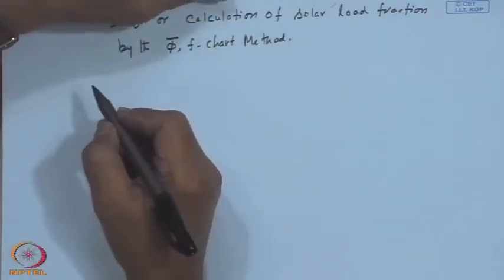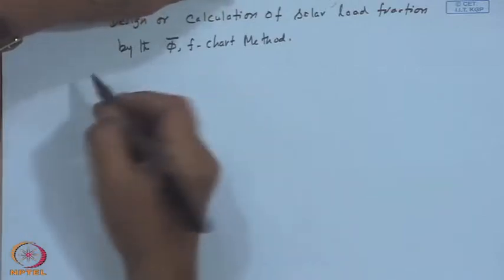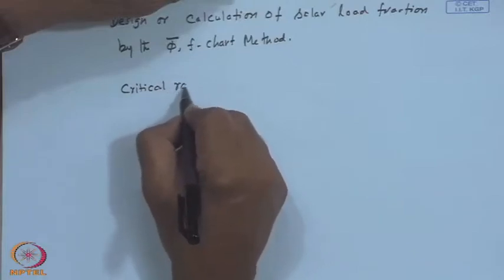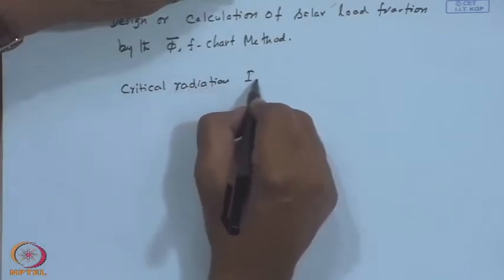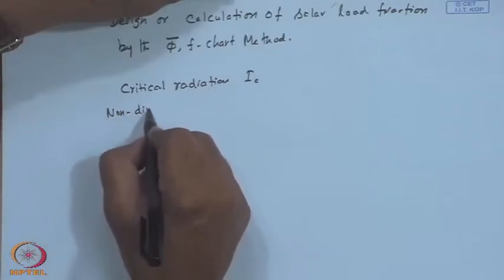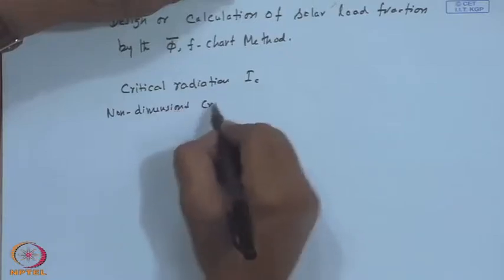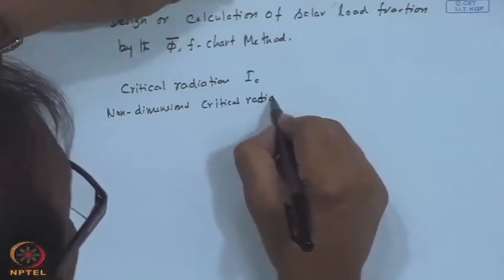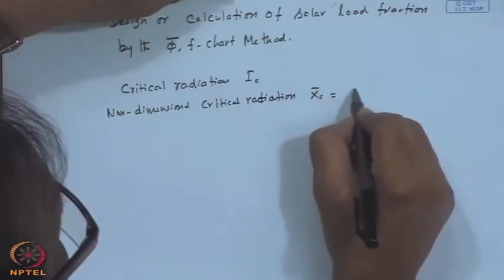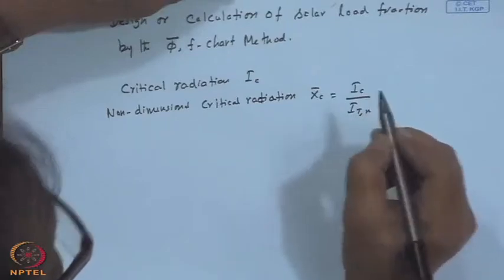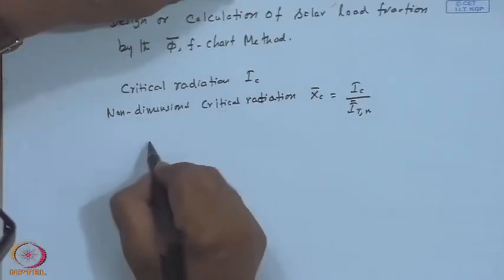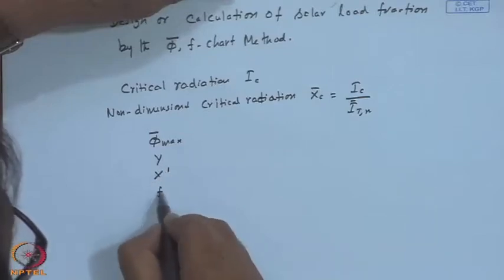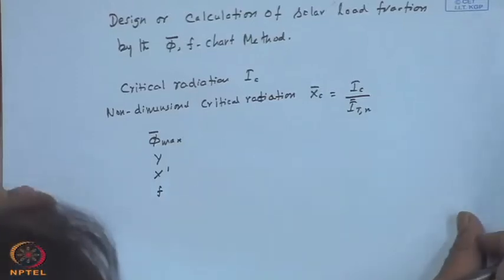So, I need the non-dimensional critical level first of all, for which I need the critical radiation level, IC, and the non-dimensional critical radiation XC bar equal to IC by IT at noon on the average day of the month, and then phi bar, max, Y, X dash and then F. Okay. So, this is the sequence in which we proceed.